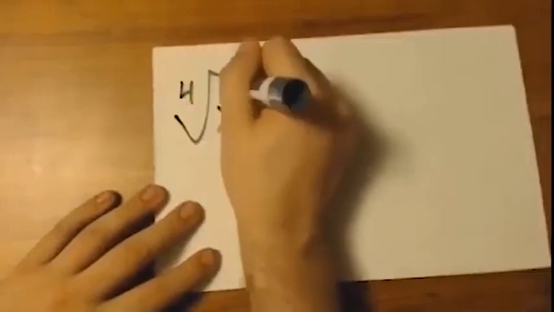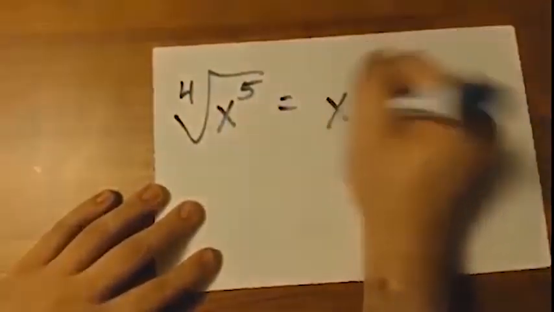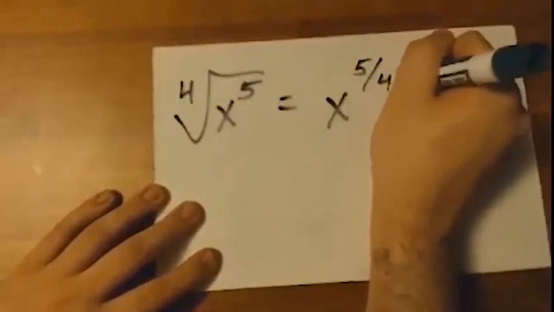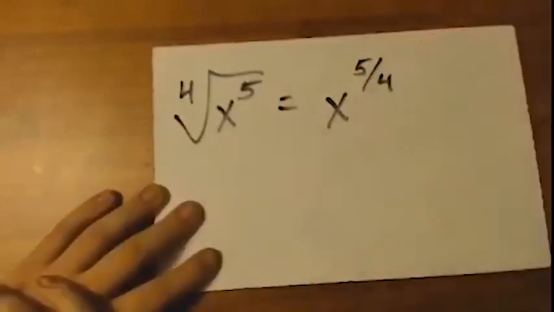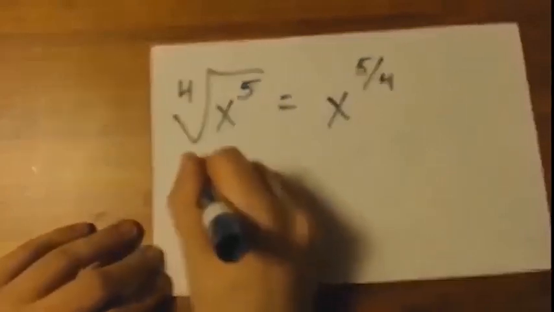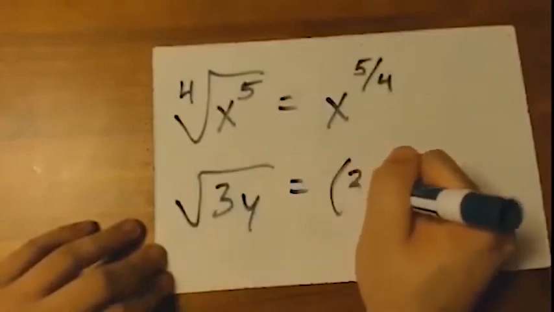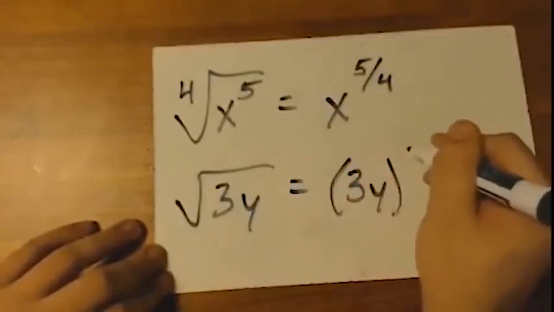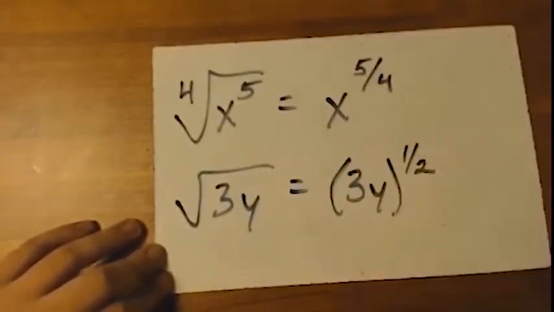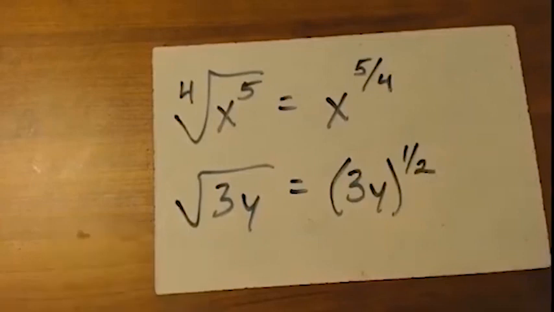These are just expressions. 4th root of x to the 5th would be x to the power over root, x to the 5/4. Square root of 3y, our base to the 1/2 power.